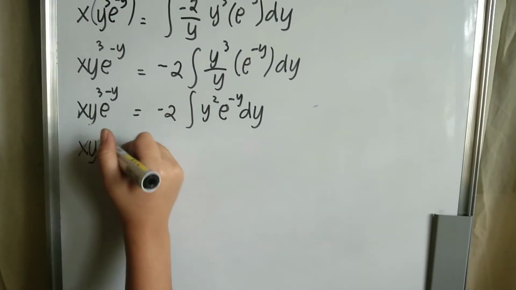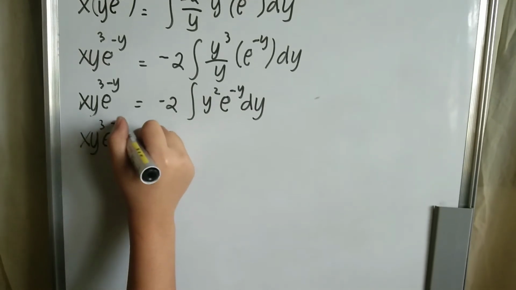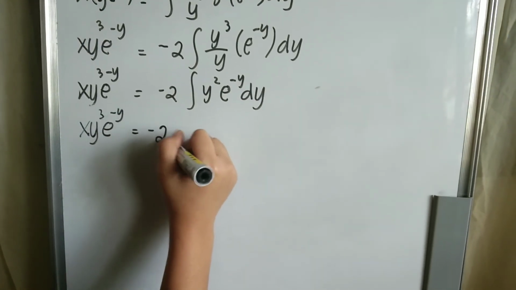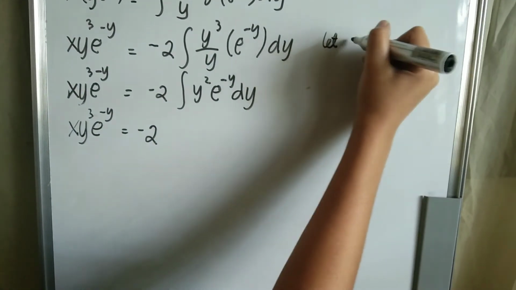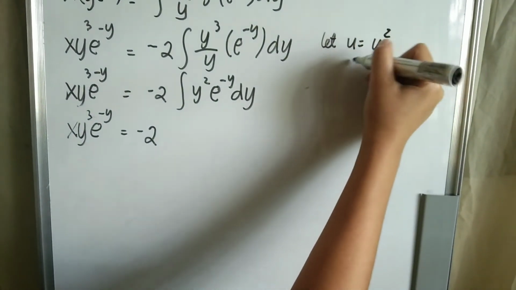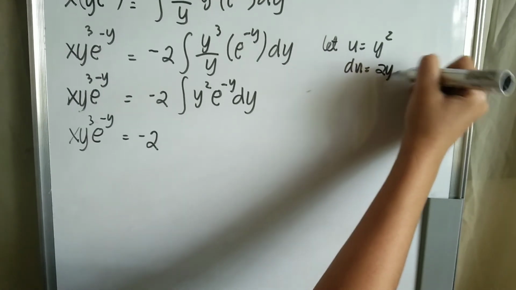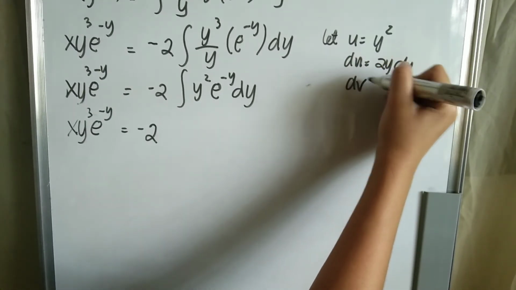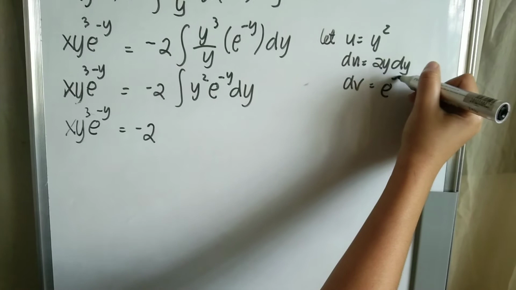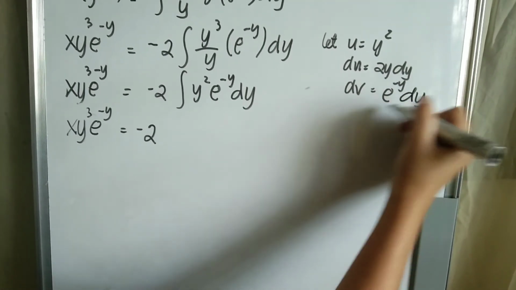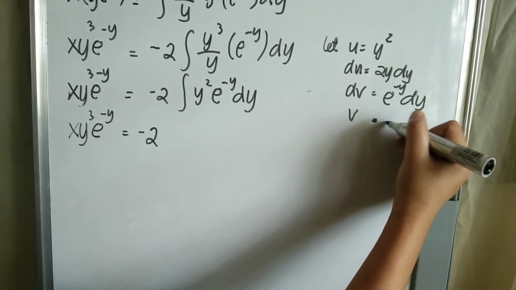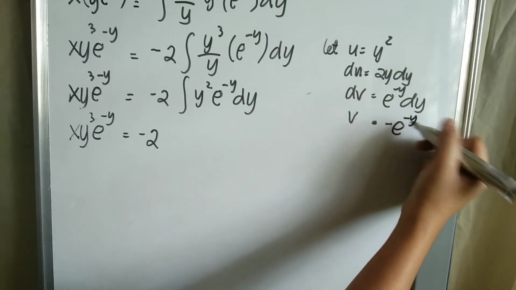Copy x y cubed times e raised to the power of negative y is equal to negative 2. So this is integration by parts. We will let u equal y squared, du equal 2y dy, dv equal e raised to the power of negative y dy, and v equal negative e raised to the power of negative y.